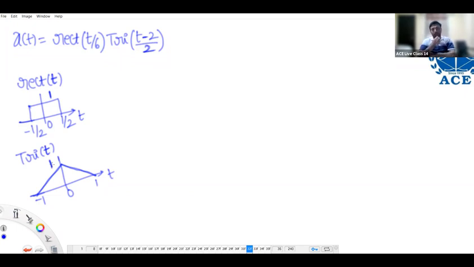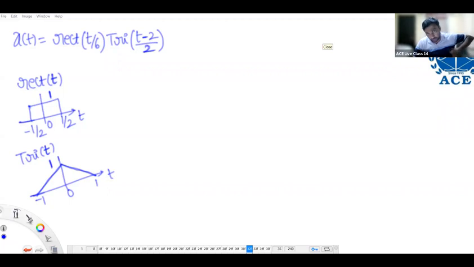Just multiply both the signals and decide the graph, sir. Ashish Ranjan, correct. Interval correct.